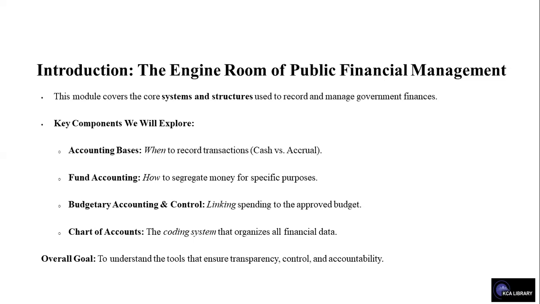And that is why we'll be looking at these key components that I've mentioned: the accounting basis, which talks about when to record transactions; the fund accounting, which deals with how to segregate money for specific purposes where they have to be placed; the budgetary accounting and control, which talks about linking spending to the approved budget, just like we said in the previous module; and the chart of accounts, which talks about the coding system that organizes all financial data.